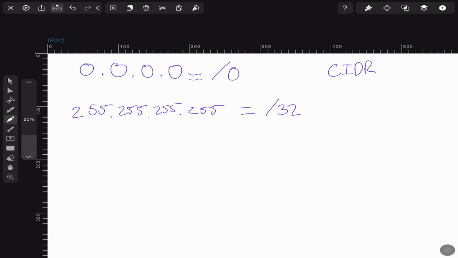It goes from /0 to /32. It only goes up to a maximum of /32, so you can have /0, /1, /2, /3, /4, all the way up to /32.